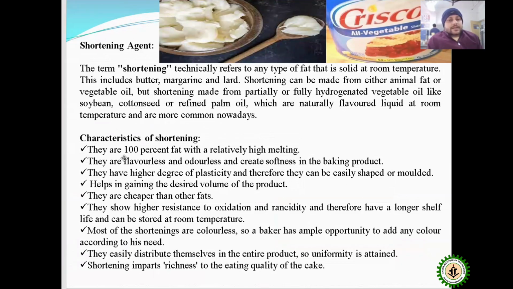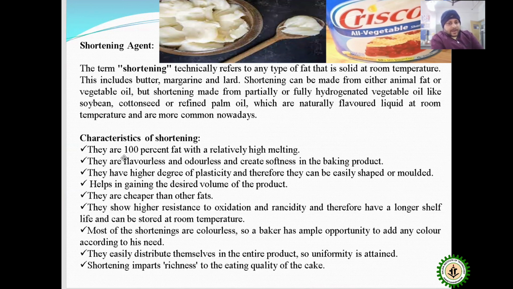So after the sugar, another essential ingredient is the shortening agent. We basically use the shortening agent for the smoothness of the final product, and it refers to any type of fat that is solid at room temperature, and it includes butter, margarine, etc. The characteristics of shortening agents are that they are 100% fat with a relatively high melting point, and they impart odor and flavor, and also create softness in the baking product.